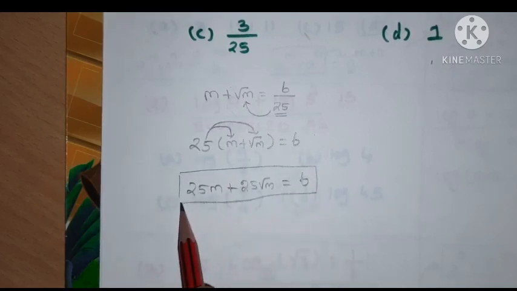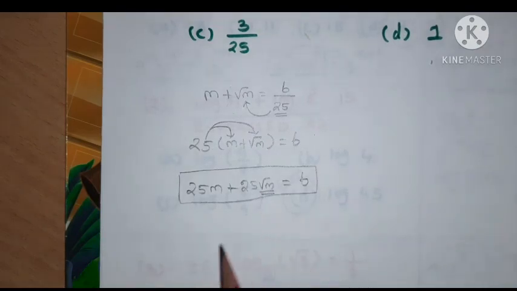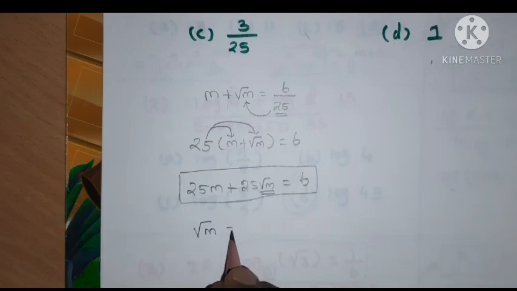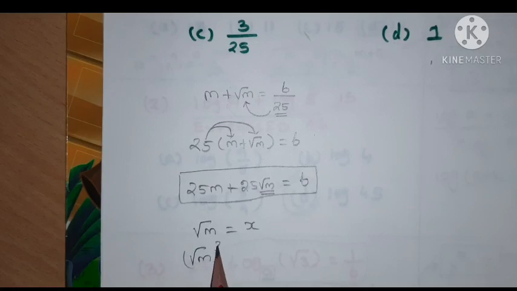Good. Here we have to do one thing: I'm going to assume this root m as x. If root m is equal to x, then if I square both sides, what do I get? Root m squared is equal to x squared.